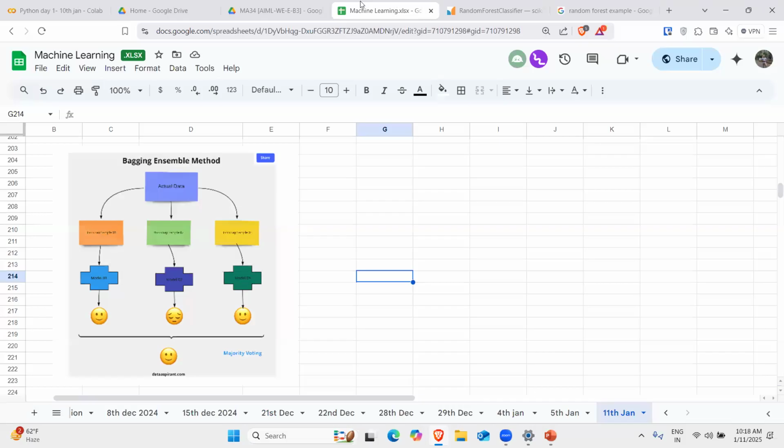All right, so that's what we have for your random forest. Now what we'll do is discuss the disadvantages of random forest first. It's not the case that it does not have any disadvantage. So bagging you have understood.